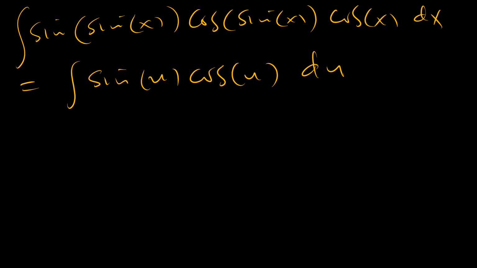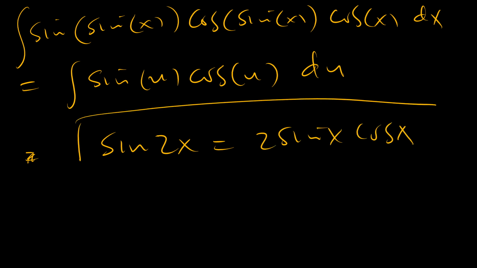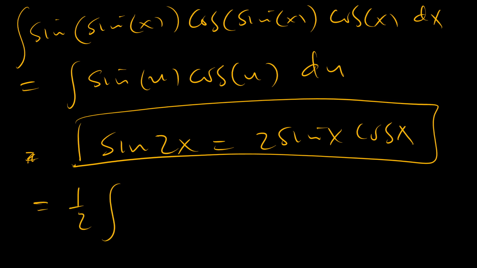Since sine of 2x is equal to 2 sine x cosine x, using this relationship in terms of du we have the integral of half sine 2u du.